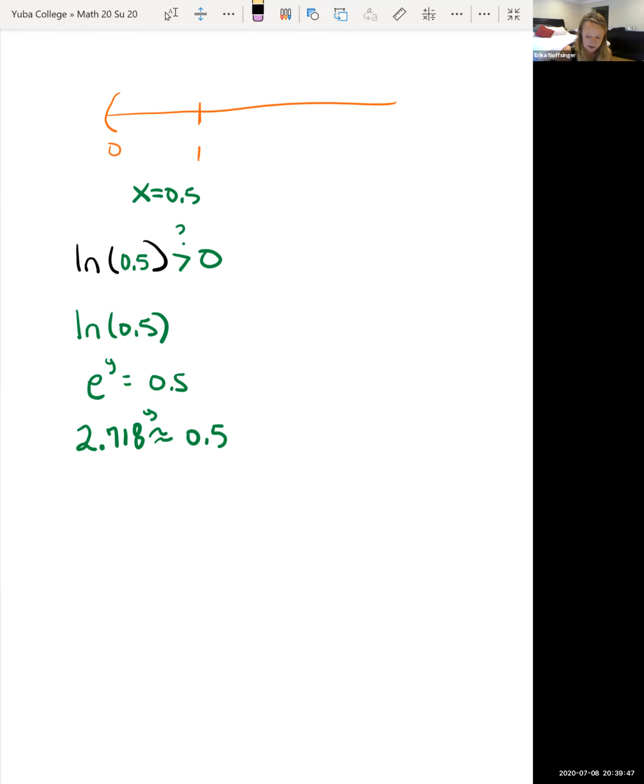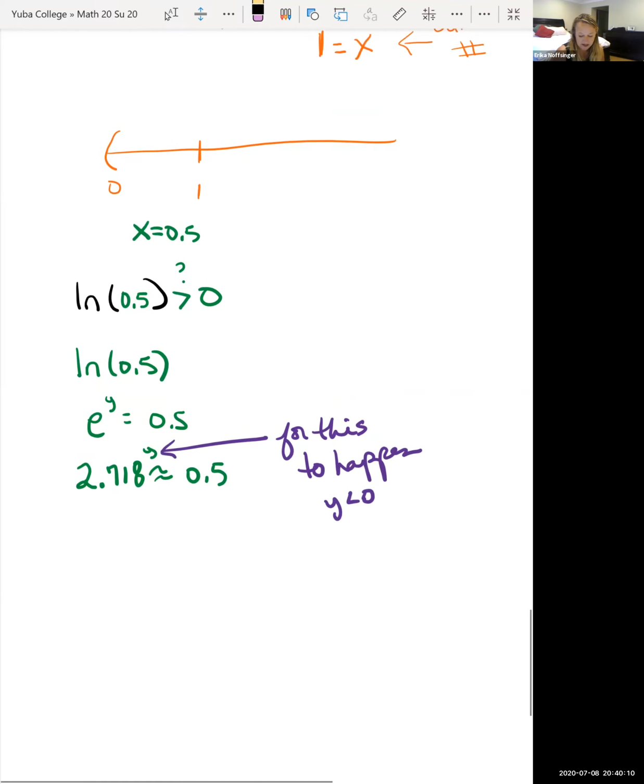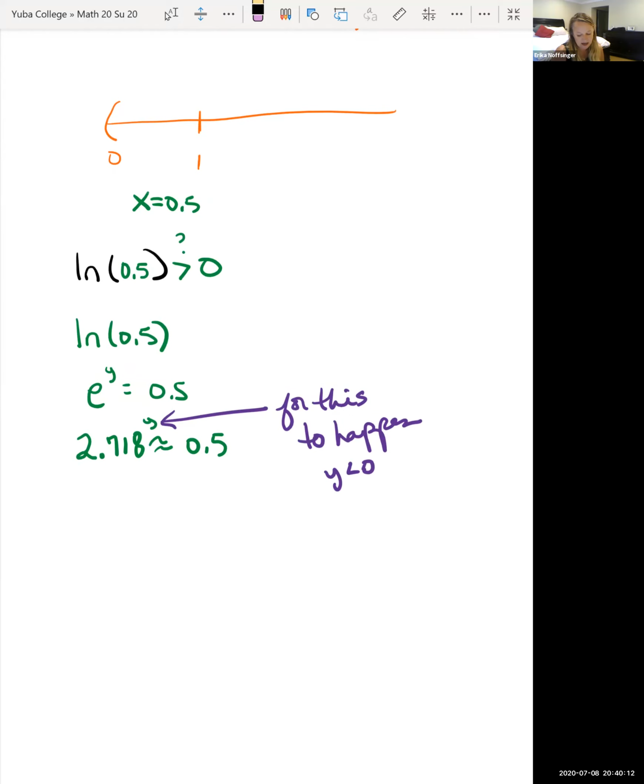So in order for this to happen, y would have to be negative, because that would bring the 2.718 down into the denominator. So is that going to be bigger than 0?